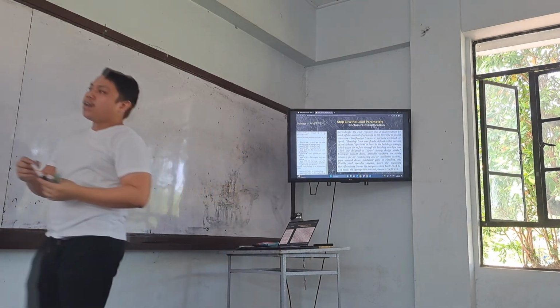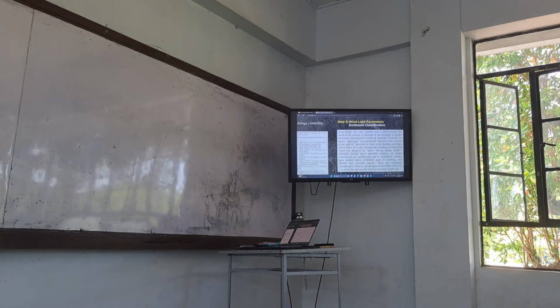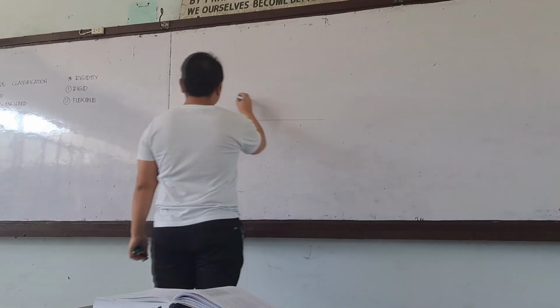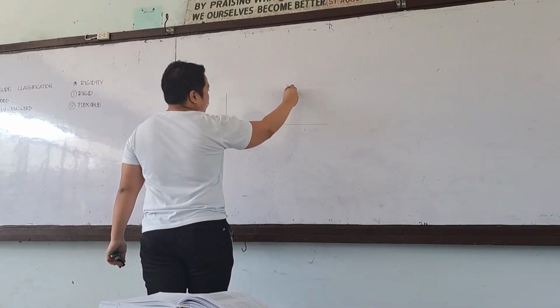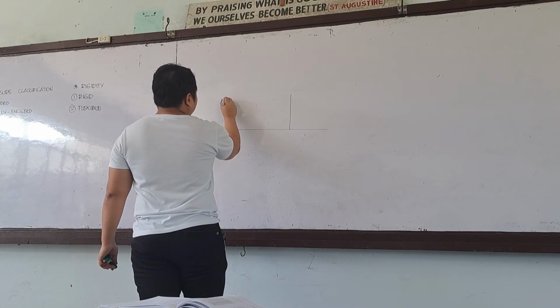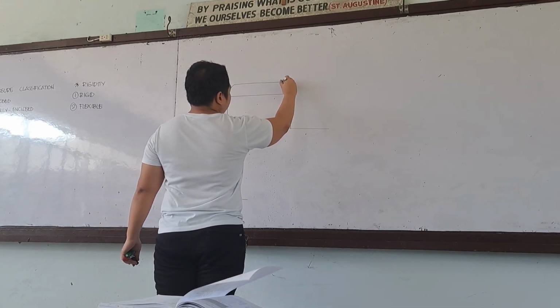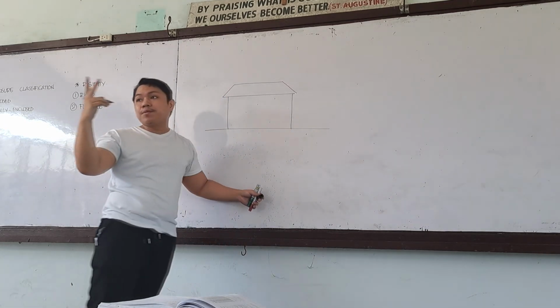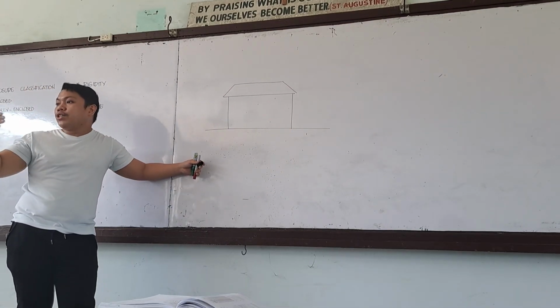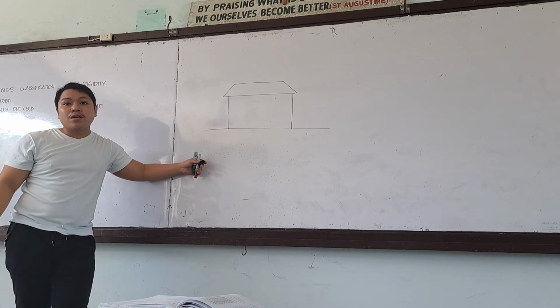So let's recall our internal wind pressure. How many wind directions do we have? We will have two types of wind direction: either parallel to the ridge or perpendicular to the ridge.